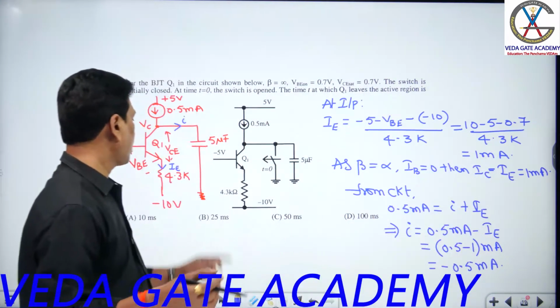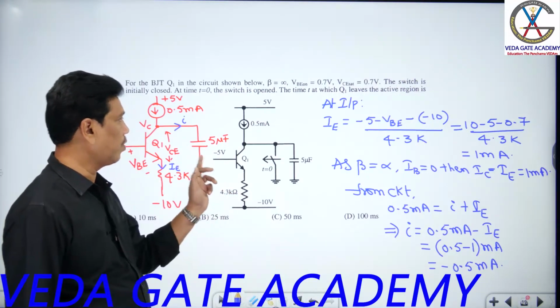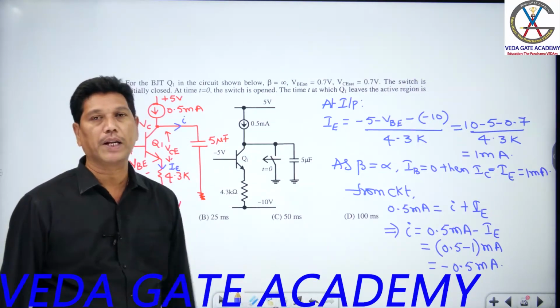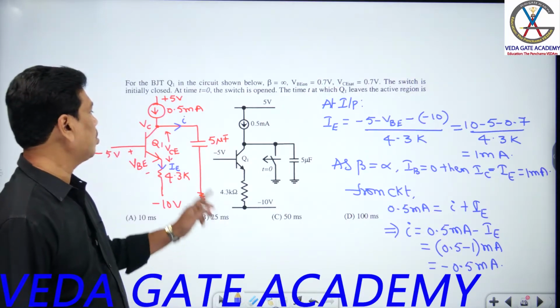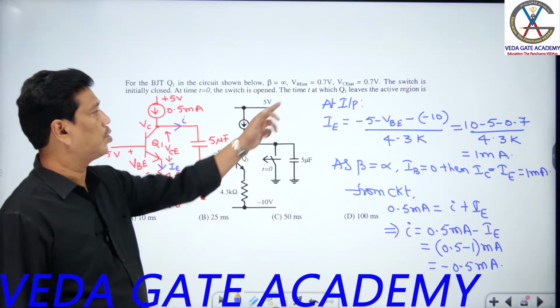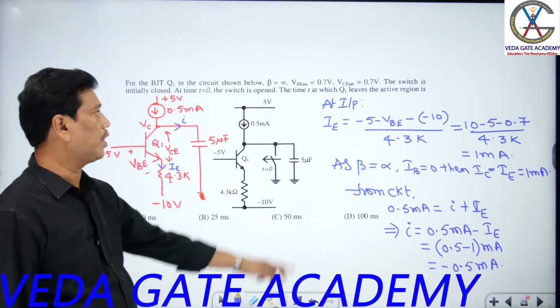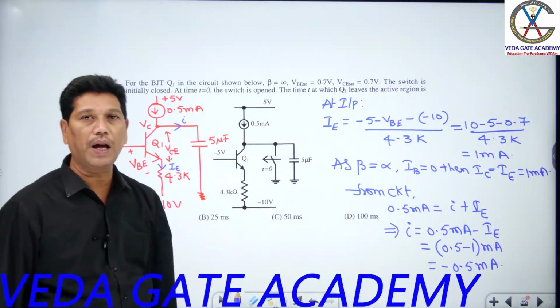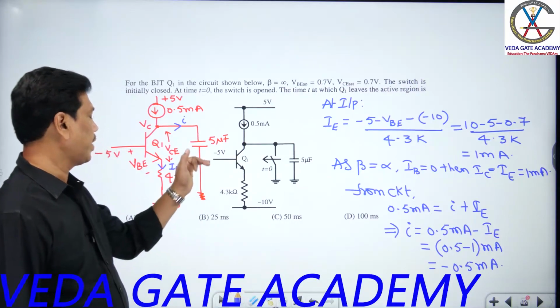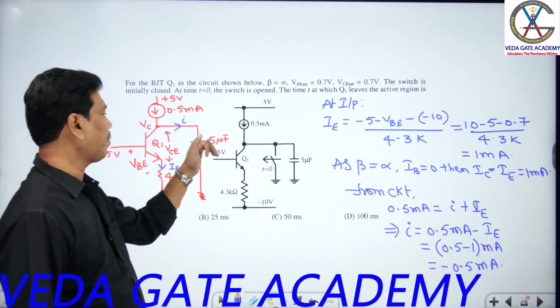So current is allowed to pass through the capacitor, students. That I we calculated as minus 0.5 milliampere. The transistor is in saturation, so at what time does the transistor come out of the active region? With this current flow the capacitor gets charged.